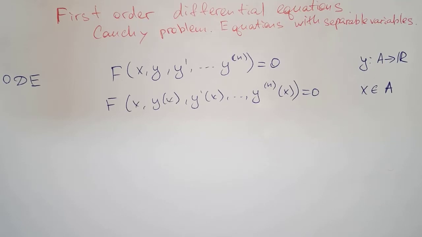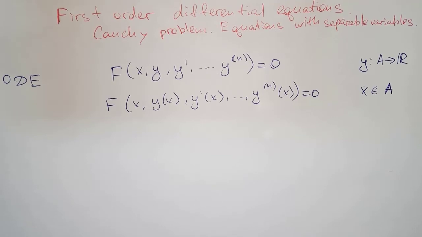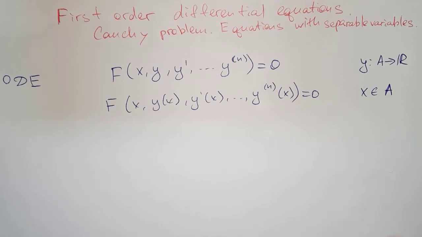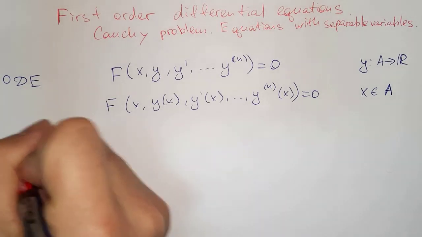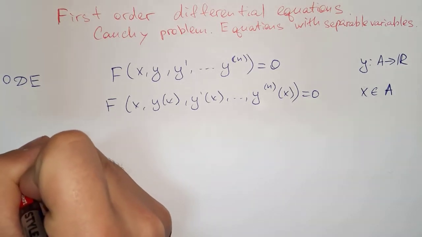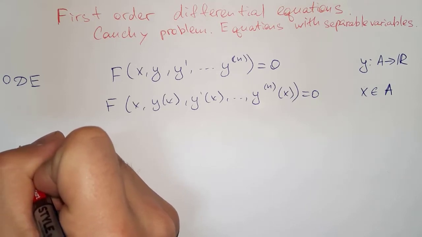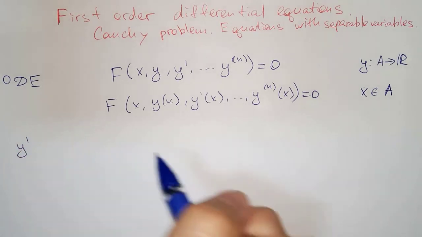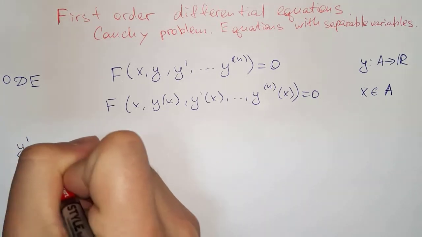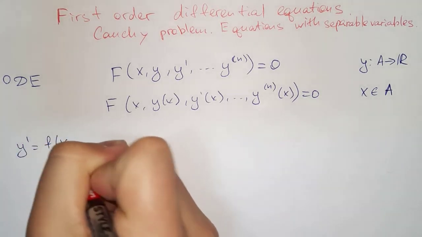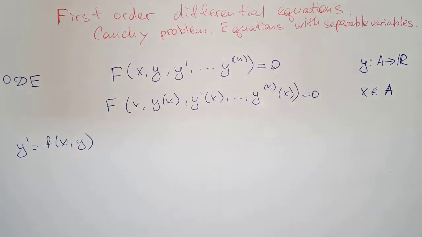And now let's give a definition of first order differential equations, which we start today. The first order differential equation is denoted by y derivative equals f of x, y. This equation we call a first order differential equation.